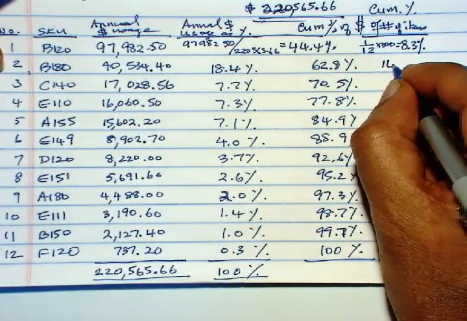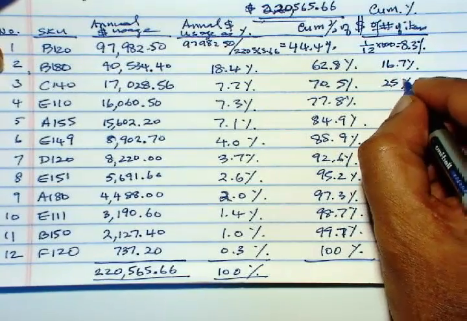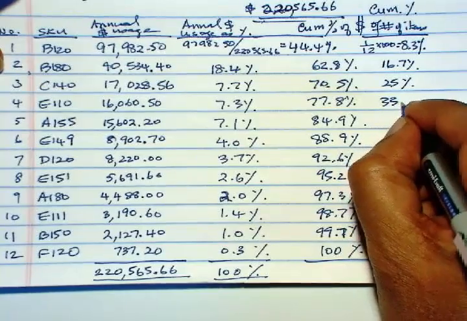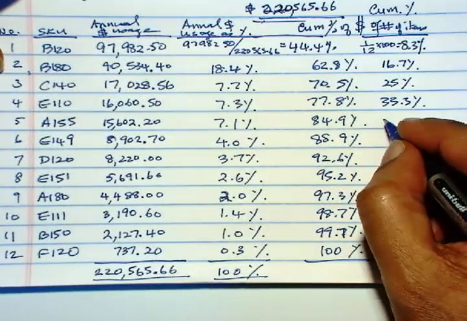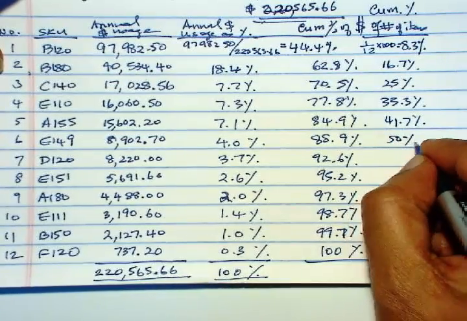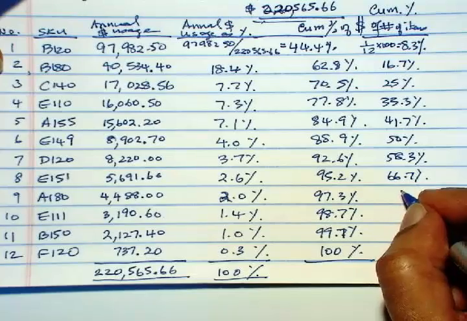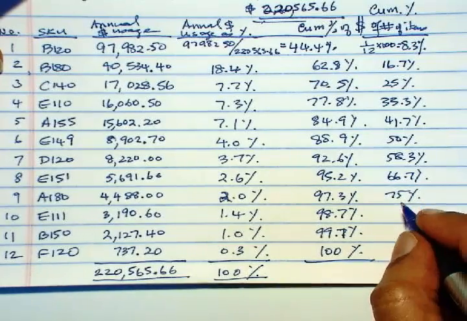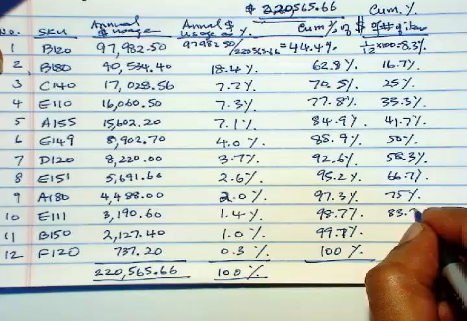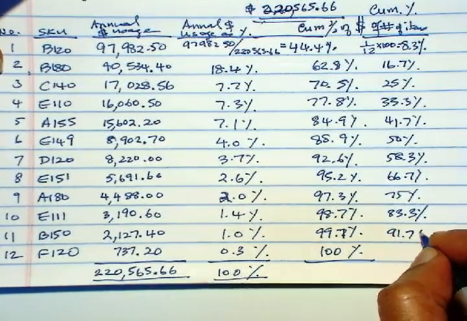You get 16.7%, 25%, 33.3%, 41.7%, 50%, 58.3%, 66.7%, 75%, 83.3%, 91.7%, and 100%.